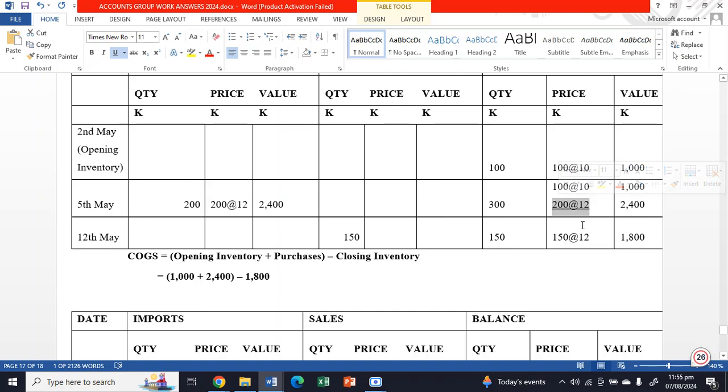So what you're remaining with in the shop is 150 units, valued at 12 kwacha each. So your closing inventory will be 150 times 12, 1,800 kwacha. This is the value of the closing inventory. Any questions?